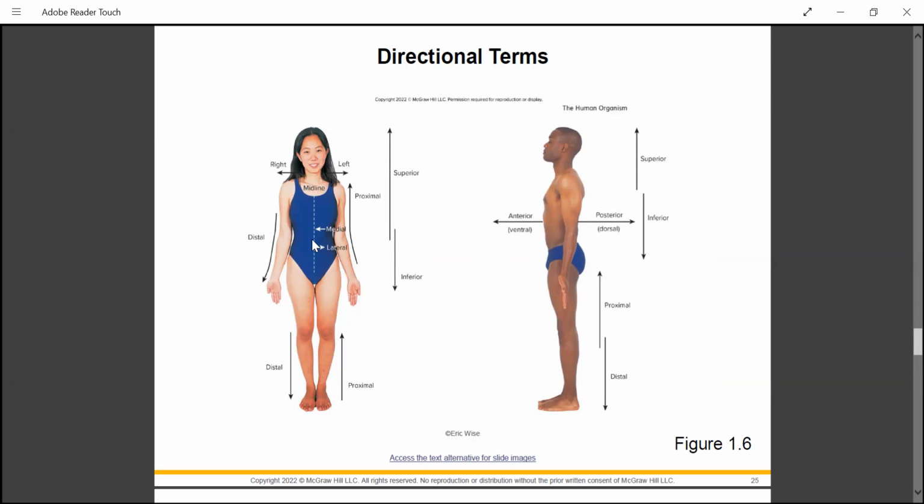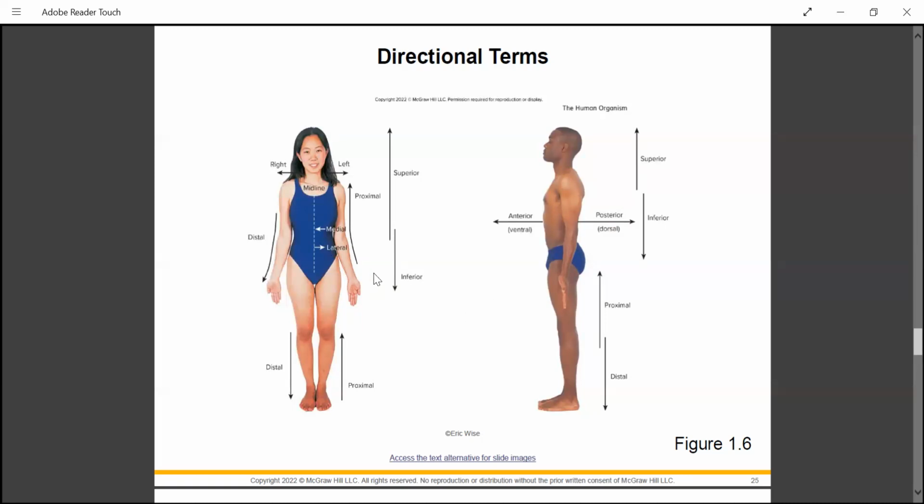The umbilicus or belly button is medial to the arm. The arm is lateral to the umbilicus. The shoulder is proximal to the wrist. The wrist is distal to the shoulder. The chest is anterior to the scapula or the shoulder blade.